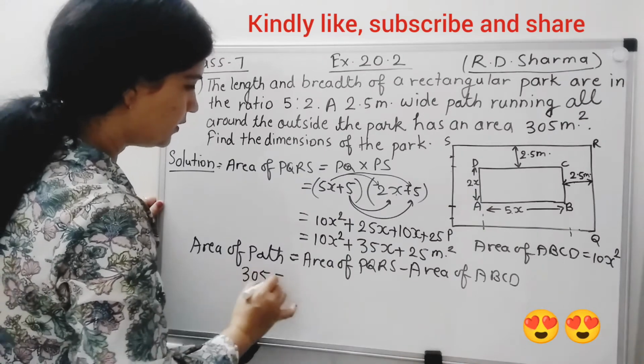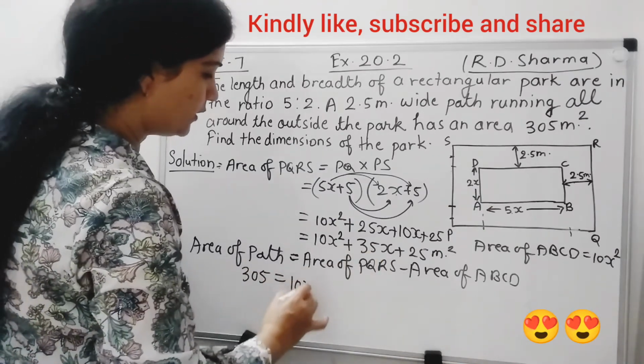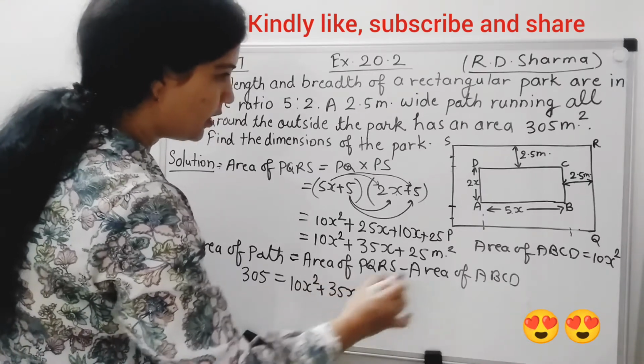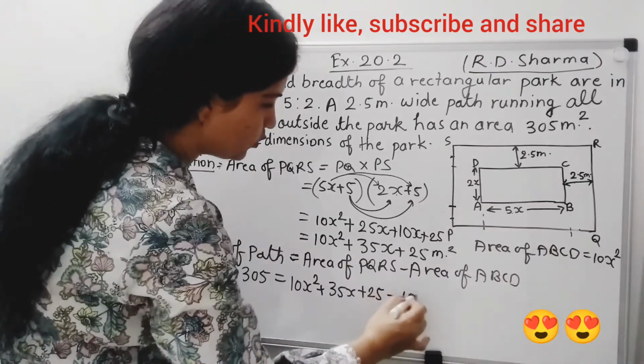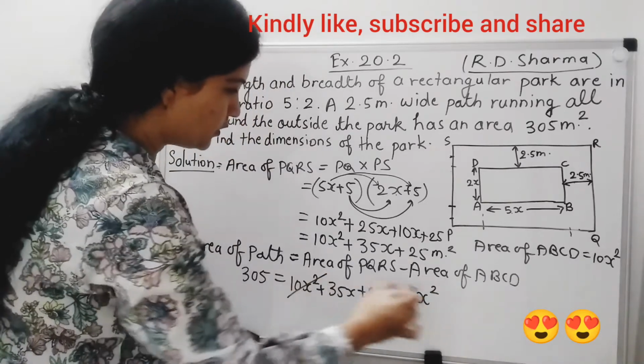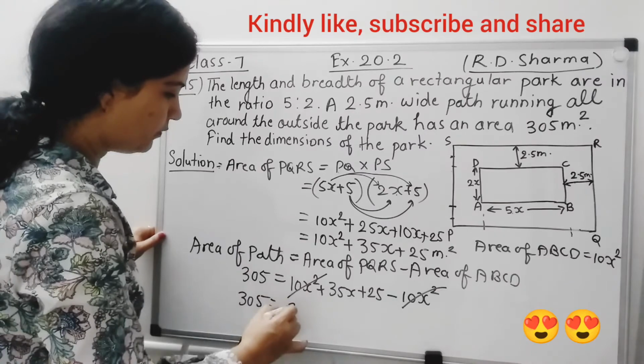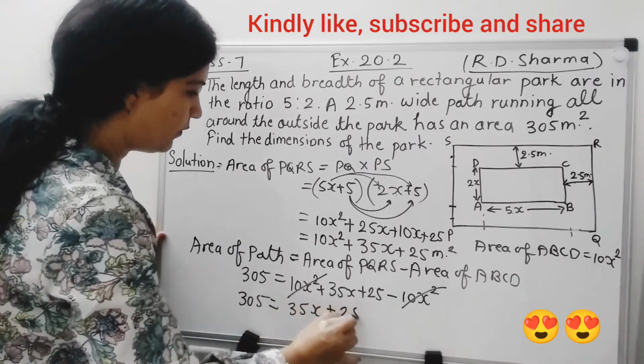Now the area of the path is given as 305, so we will use that. Area of PQRS is 10x square plus 35x plus 25, and the area of ABCD is 10x square. So this is positive, this is negative, it will be cut. So it will be 305 equals 35x plus 25.